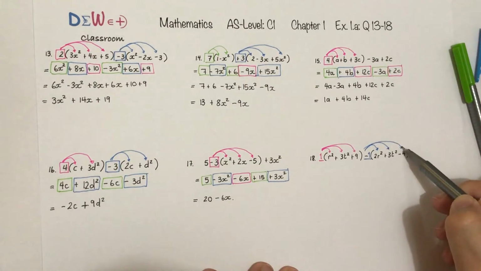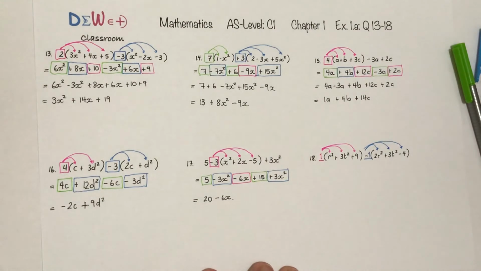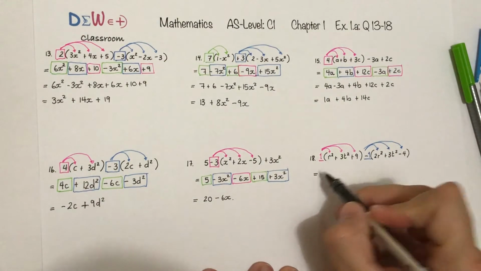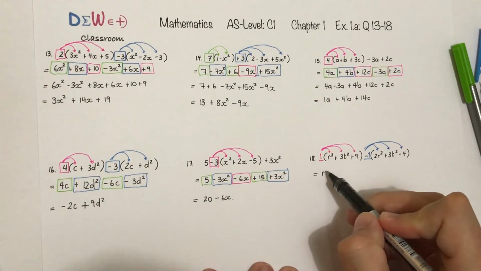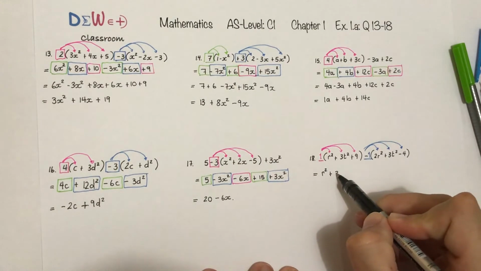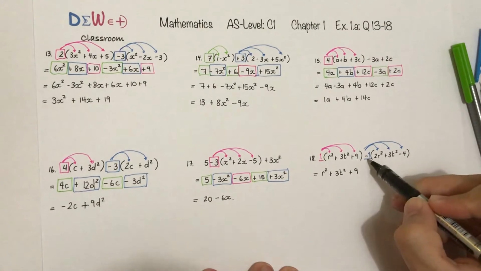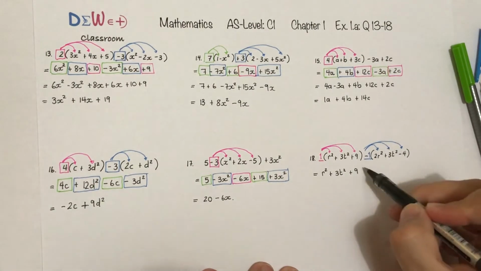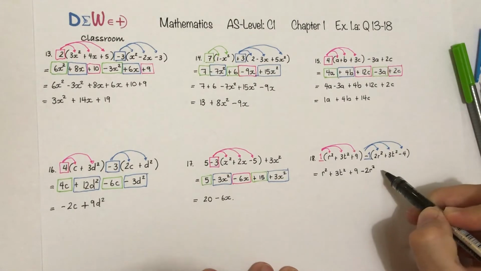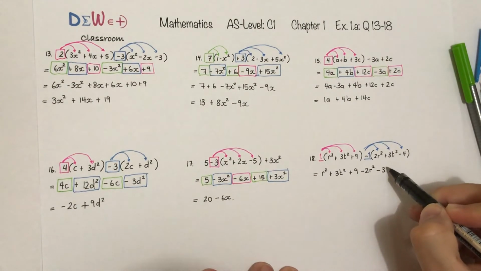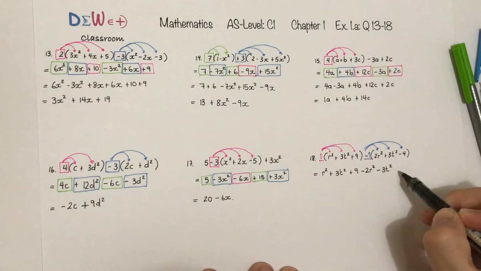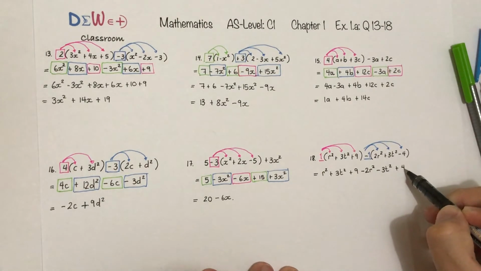And this will cause the sign of each one of them to change. So we can rewrite our expression, r squared plus 3t squared plus 9. Now, the minus gets distributed in. So it becomes minus 2r squared minus 3t squared and plus 4.